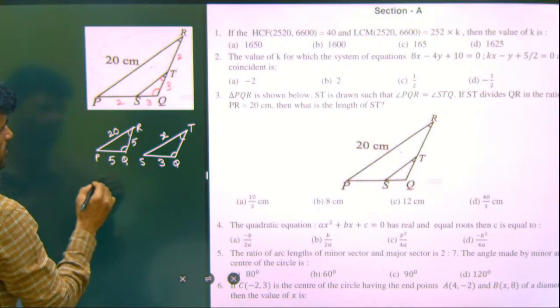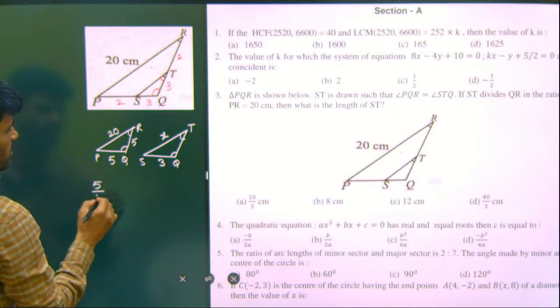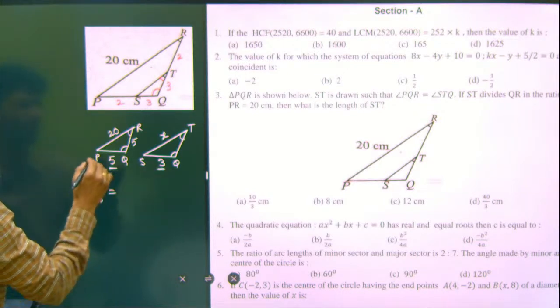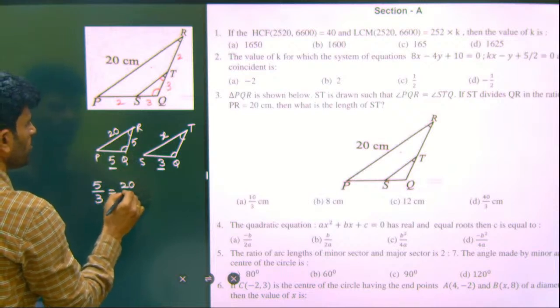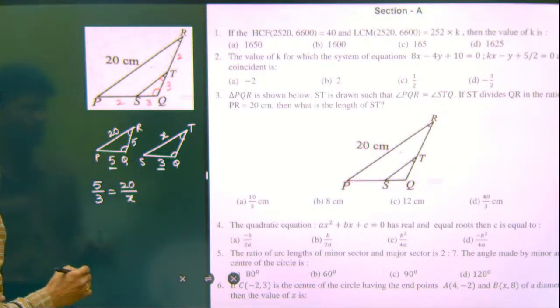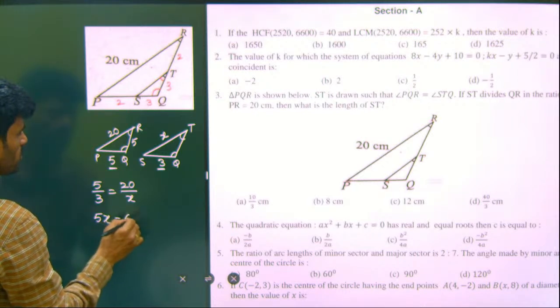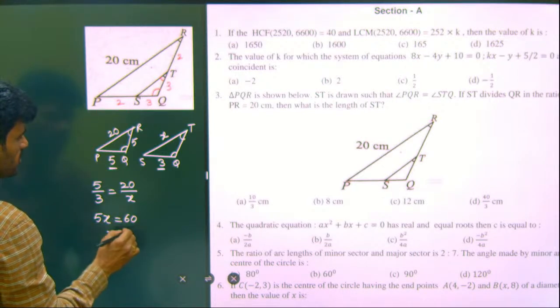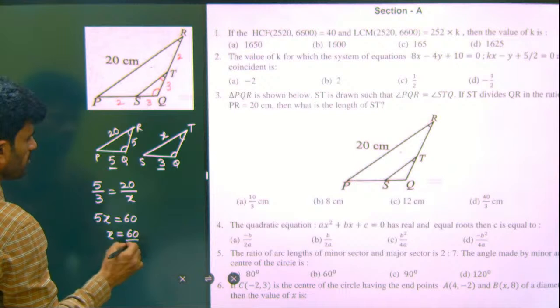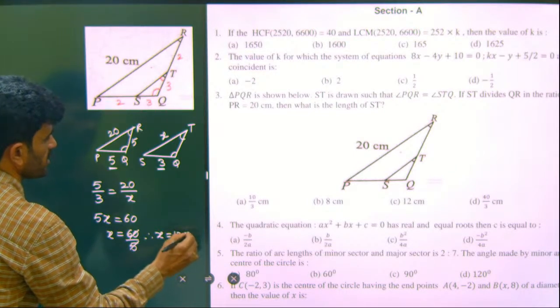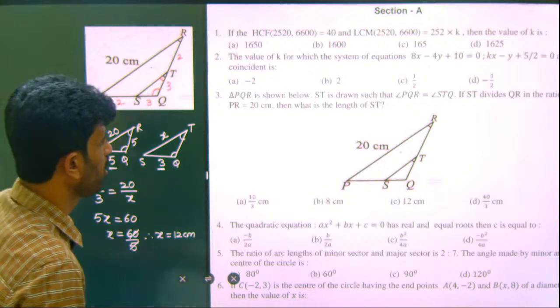Then 5/3, because these two are corresponding sides. 5/3 is equal to 20/x. After cross multiplication, 5x is equal to 60. X is equal to 60/5. So x is 12 centimeters. Option C is correct.